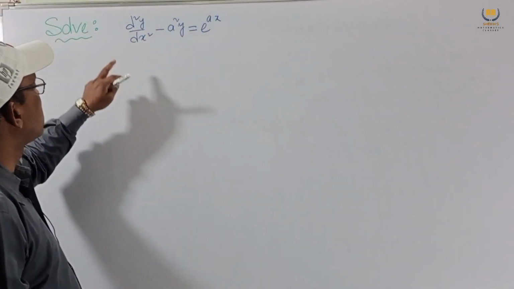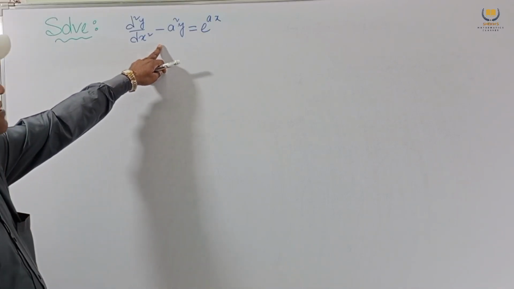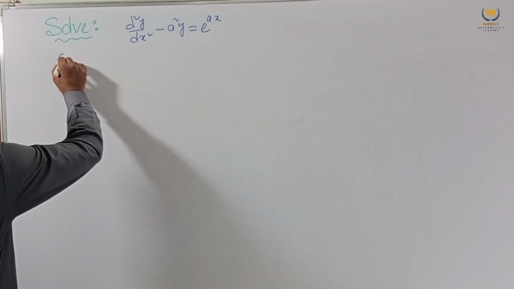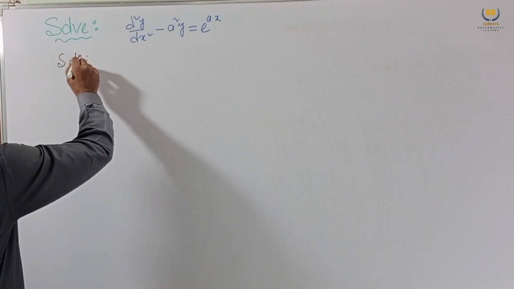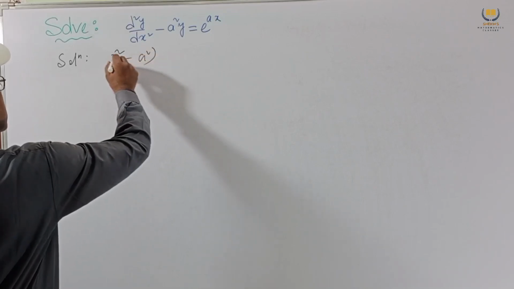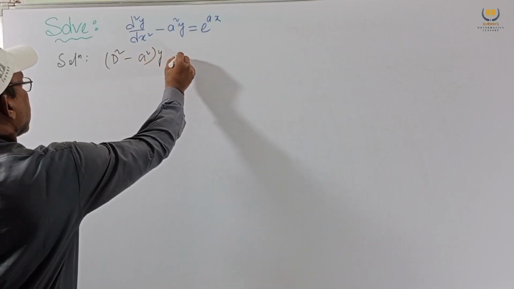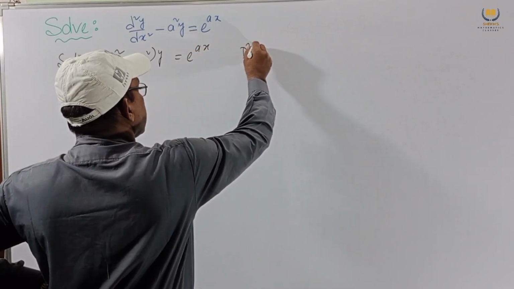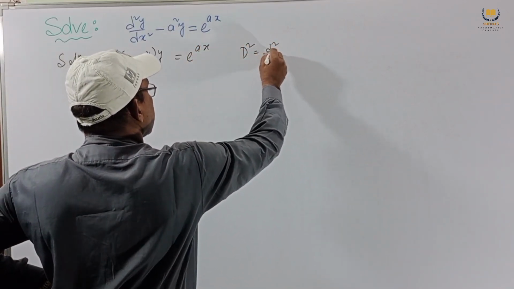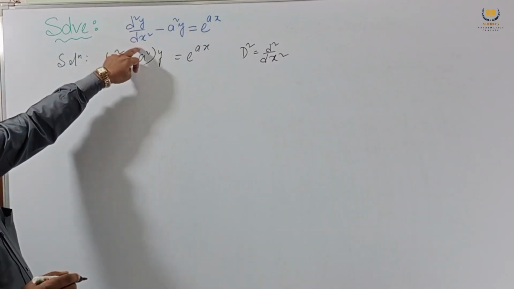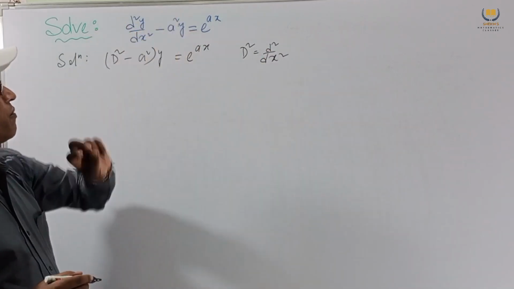Consider this problem, d square y by dx square minus a square y equal to e to the power ax. Now solution, this equation can be written as (D square minus a square) y equal to e to the power ax, because D square means d square by dx square. So d square by dx square and D square and y common.